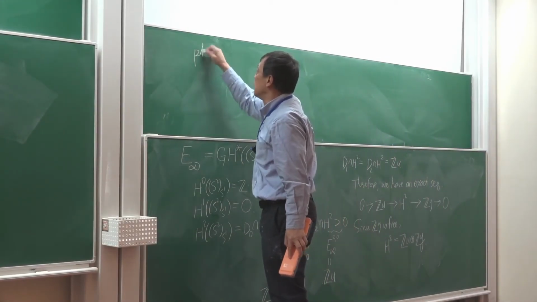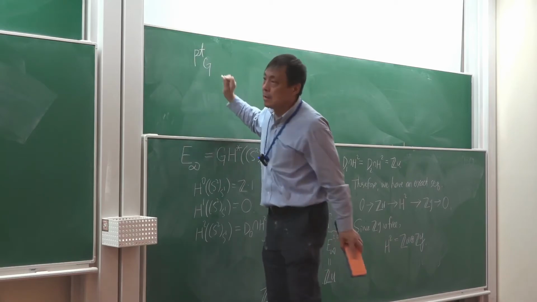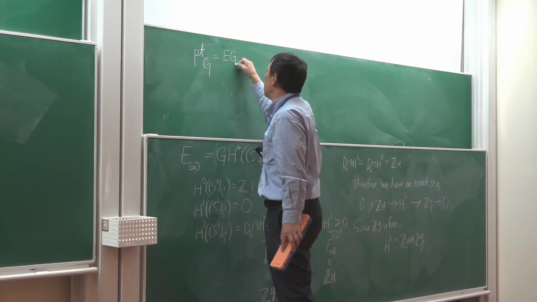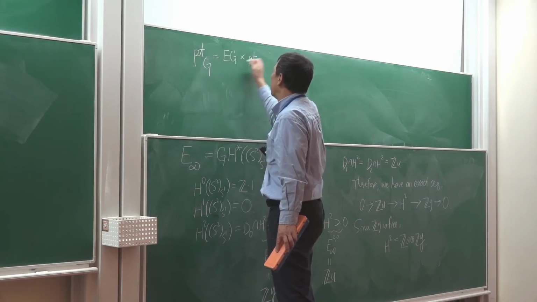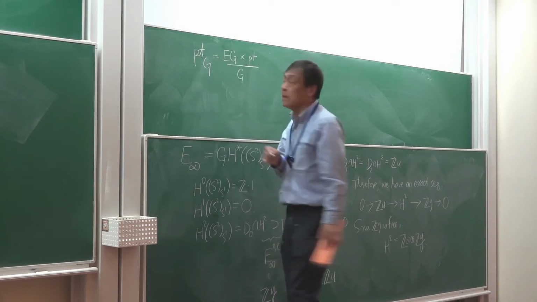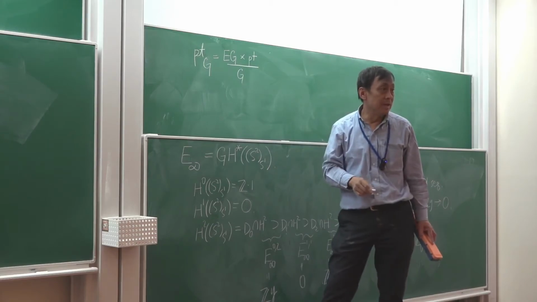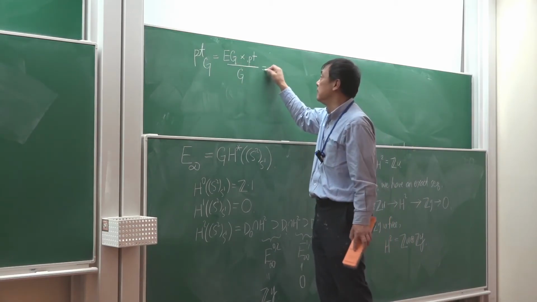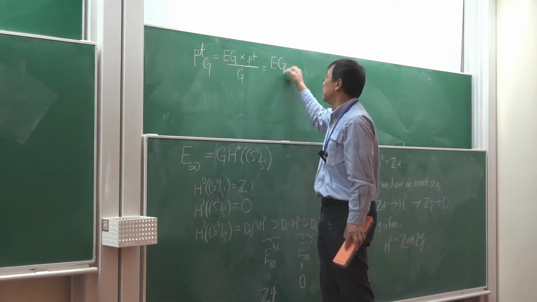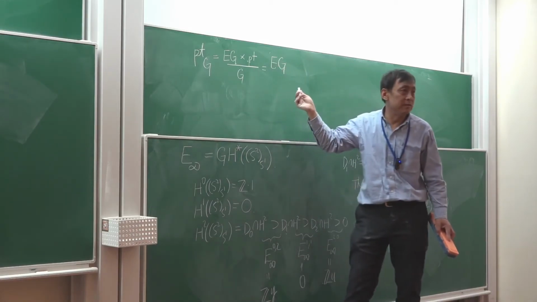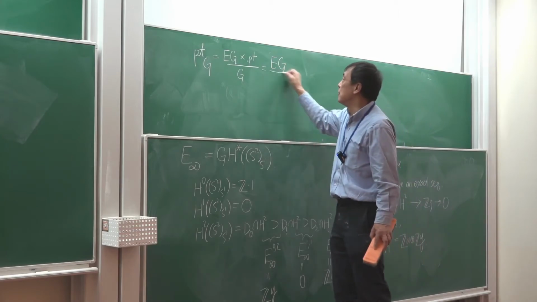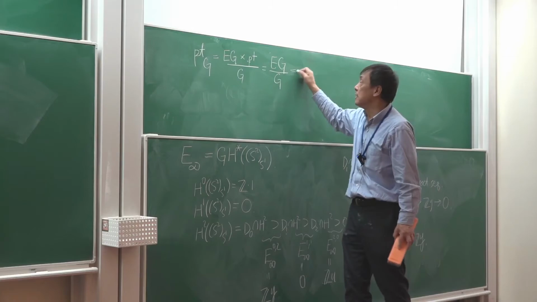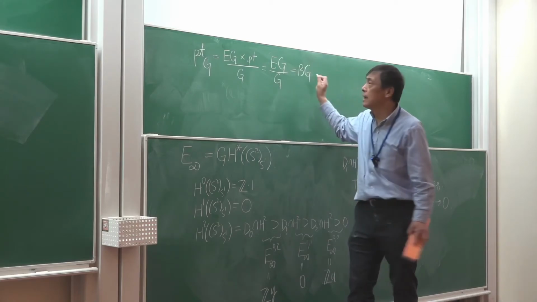So the homotopy quotient of a point is EG cross a point, and then you divide by G. But EG cross a point is homeomorphic to EG. And so this is just EG over G, which is BG.